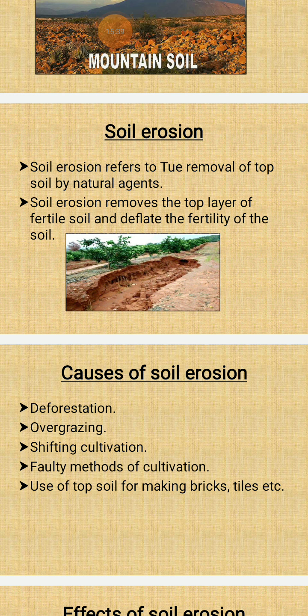Now, what are the causes of soil erosion? The main causes of soil erosion are, number one, deforestation. Deforestation means clearing the forest. Second, overgrazing. Third, shifting cultivation. Fourth, faulty methods of cultivation. Fifth, use of topsoil for making bricks, tiles, and construction purposes.